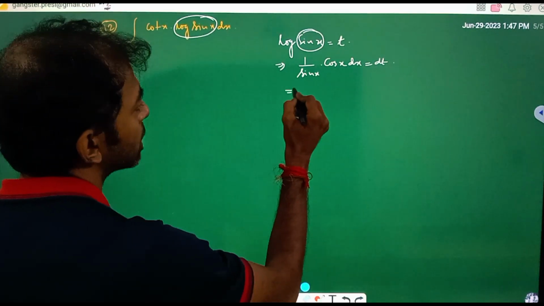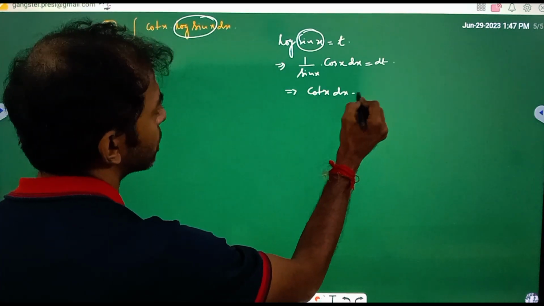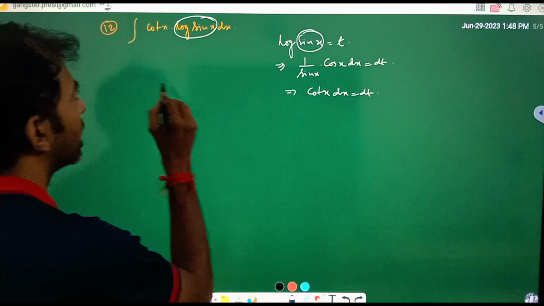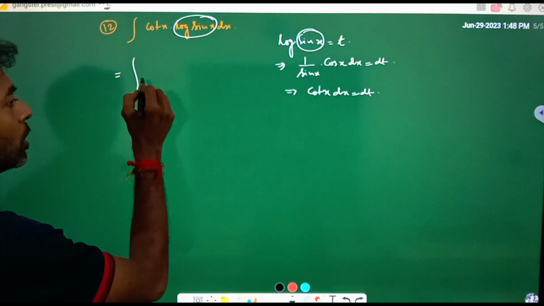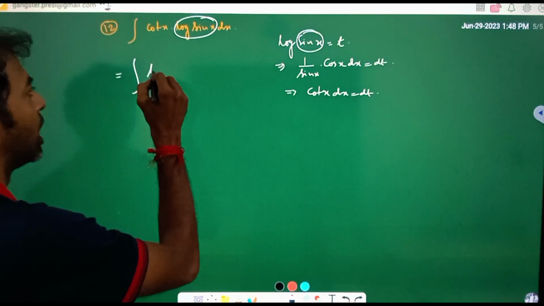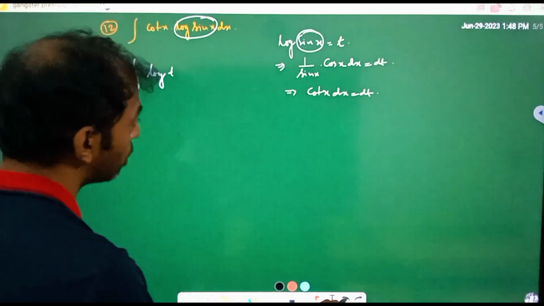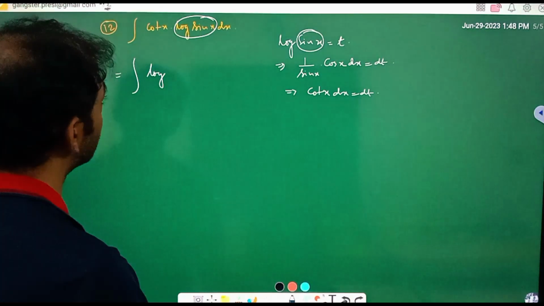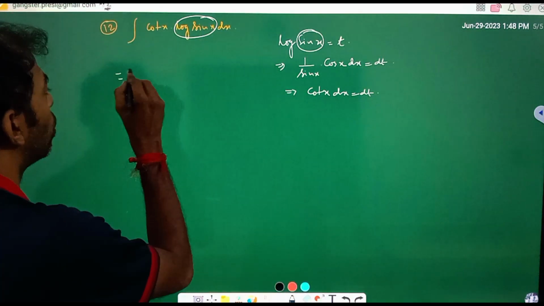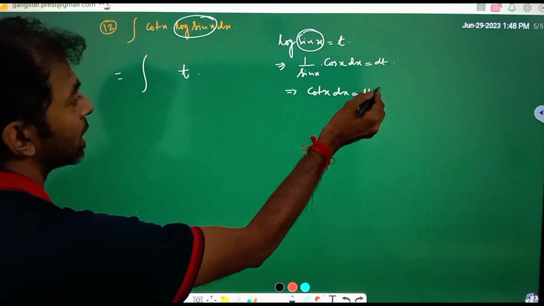So cos x by sin x will be cot x dx, and that's going to be dt. So cot x dx is represented by dt, and log sin x is represented by only t.